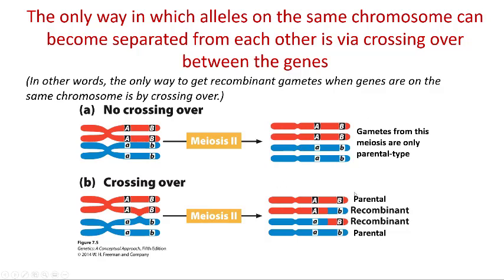So these would be the parental type gametes here, and the only way you can get recombinant type gametes is if you get a crossover between the A and the B genes. That's shown here with these two non-sister chromatids, and that in fact can produce a new allele combination, which would be a recombinant type gamete, big A with little b or little a with big B.